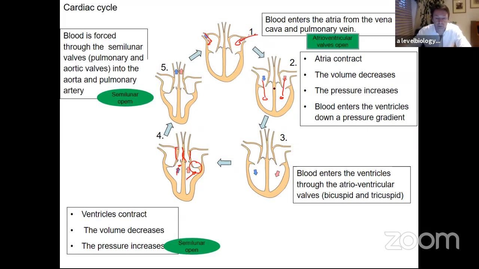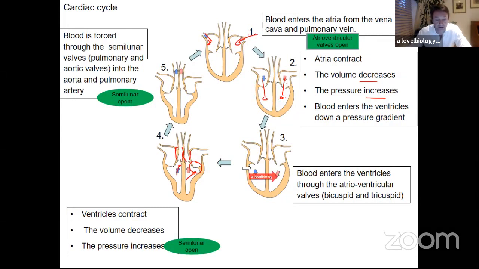Now, the point here is that when the atria contract, their volume decreases, their pressure increases, and blood goes from a higher pressure in the atria into a lower pressure in the ventricle.